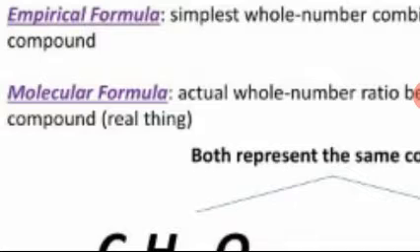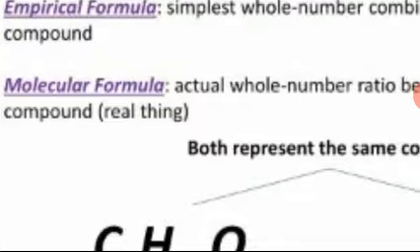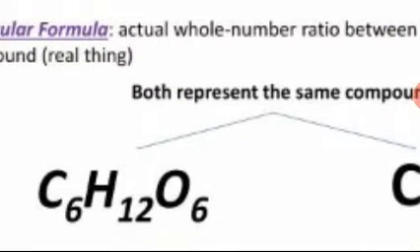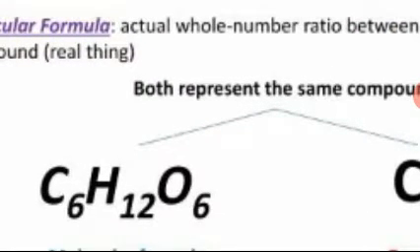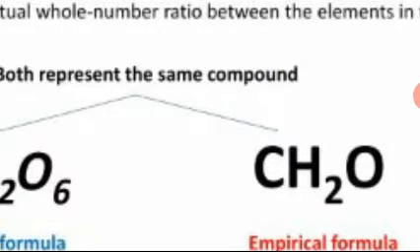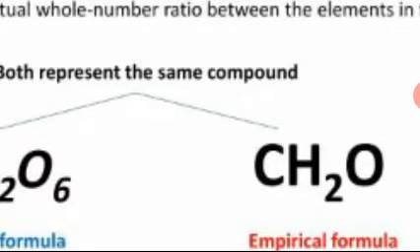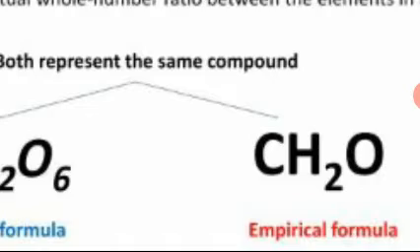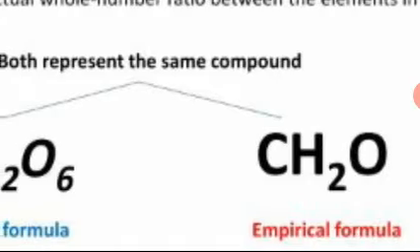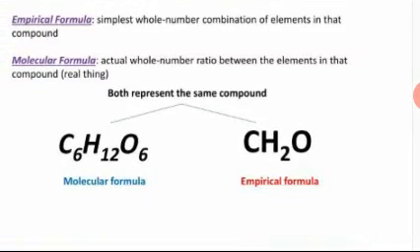It means it exists in the compound, in nature. So it is the real thing. C6H12O6 becomes CH2O. This is the simplest ratio. It cannot be further divided, right?